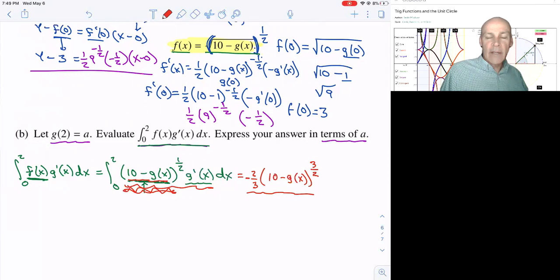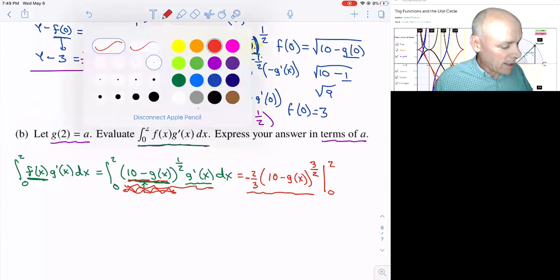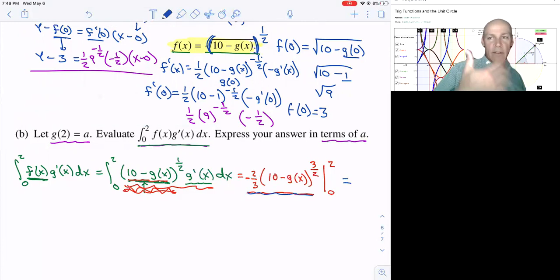Okay, so this is my antiderivative of that integrand. If I've got time and I'm not 100% certain, I could take the derivative of what's in red there, and I'm going to get my green integrand as my answer. Okay, awesome. So now I'm going to keep rolling. I'm going to bring over my bounds, 0, 2, and then drop down to the next line. All I'm doing is taking my antiderivative, FTC part 1, subbing in the upper bound minus subbing in the lower bound.